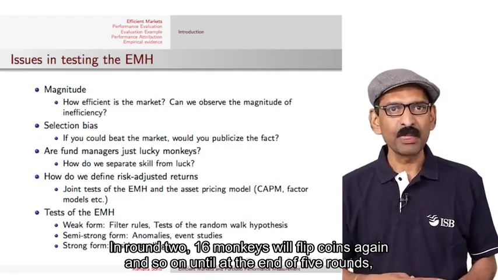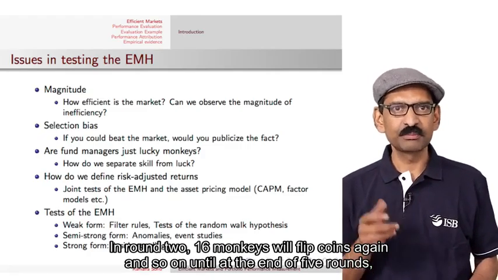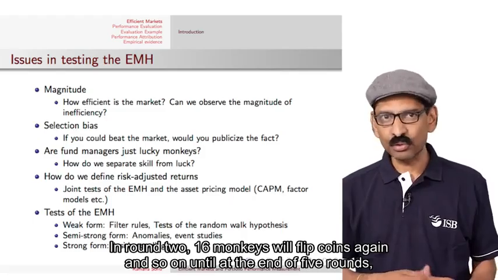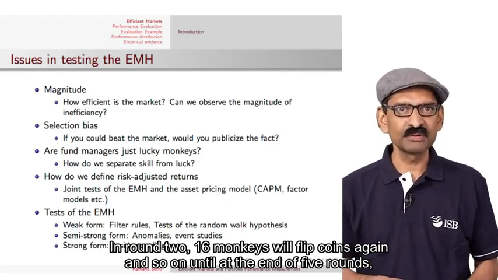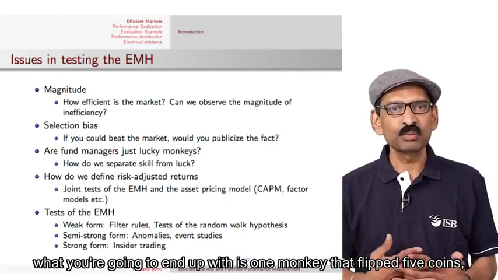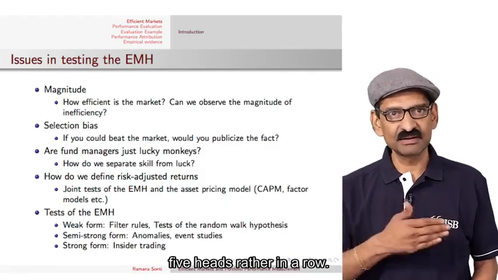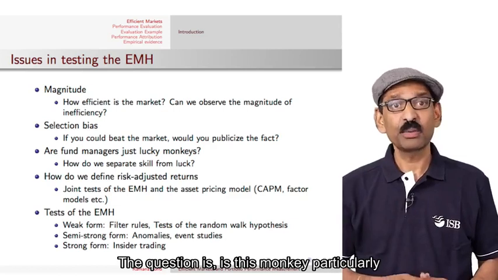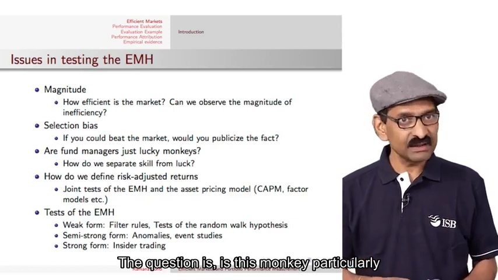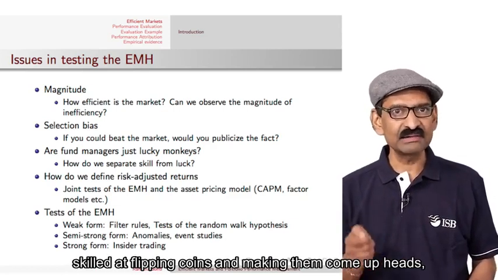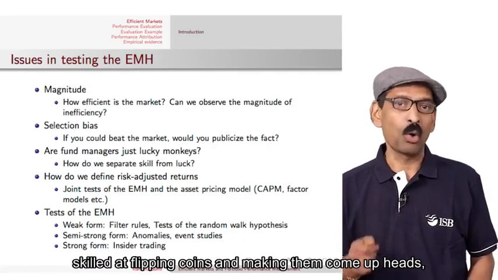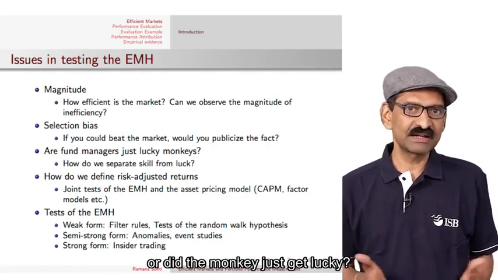In round 2, 16 monkeys will flip coins again, and so on until at the end of 5 rounds, what you're going to end up with is one monkey that flipped 5 heads in a row. The question is, is this monkey particularly skilled at flipping coins and making them come up heads, or did the monkey just get lucky?